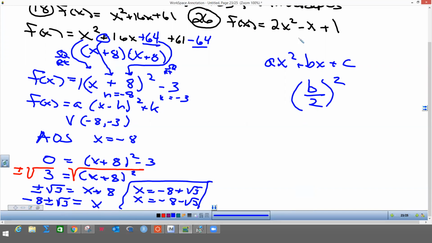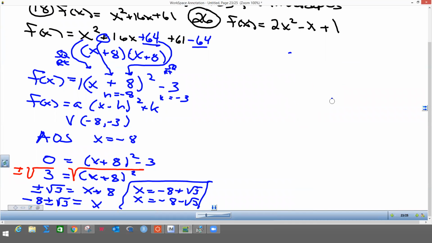Now I'm going to do another problem over here like this, because this is the hardest kind, because again, the leading coefficient of the x squared, that's the quadratic coefficient, is not 1. So when you have a problem like this, you have to factor, and this is really difficult, you have to factor out the 2. You have to get this to be 1 first.